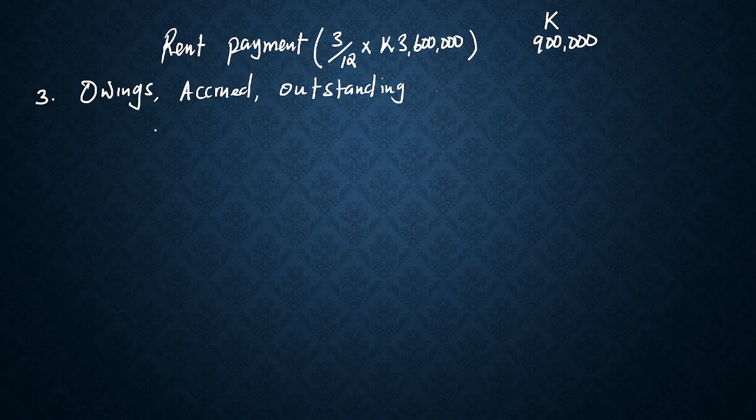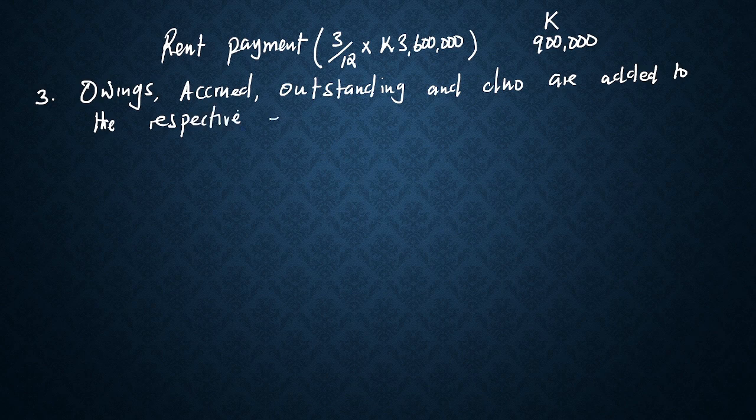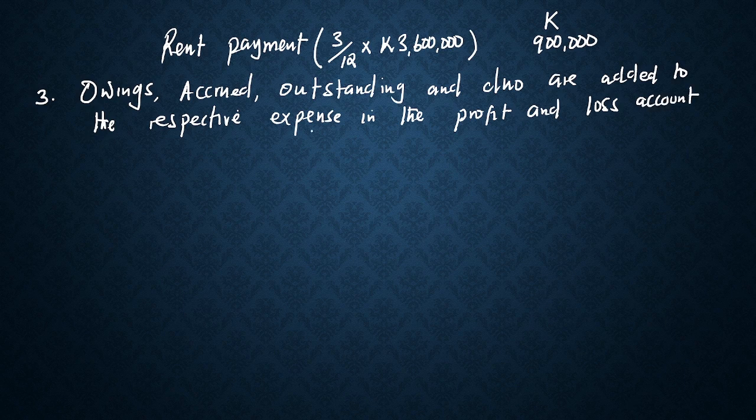Now, before we go to those calculations, take note of this. Owings, accrued expenses, outstanding, and due. They may use any of these terms. They are added to their respective expense in the profit and loss account.